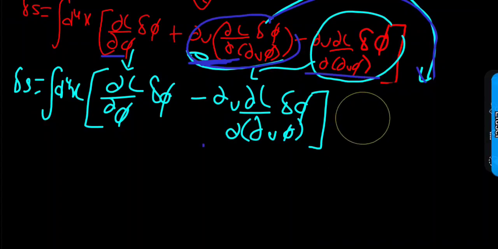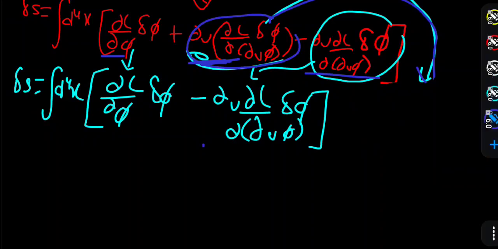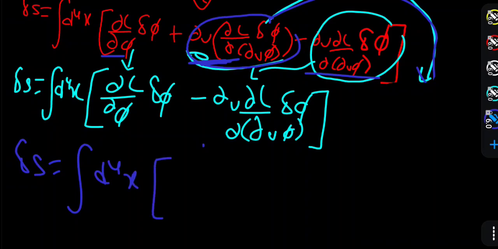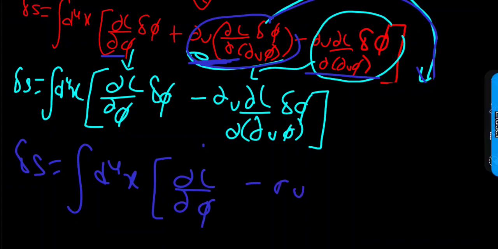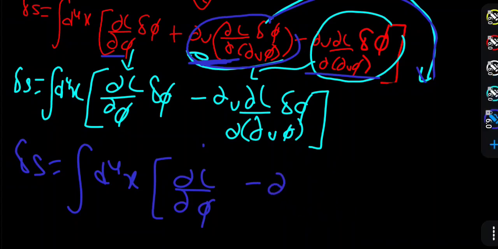Now we are going to operate on all of the different things. δS is equal to the integral of d⁴x. I'm taking δφ common, so ∂L/∂φ minus ∂_μ ∂L/∂(∂_μφ).